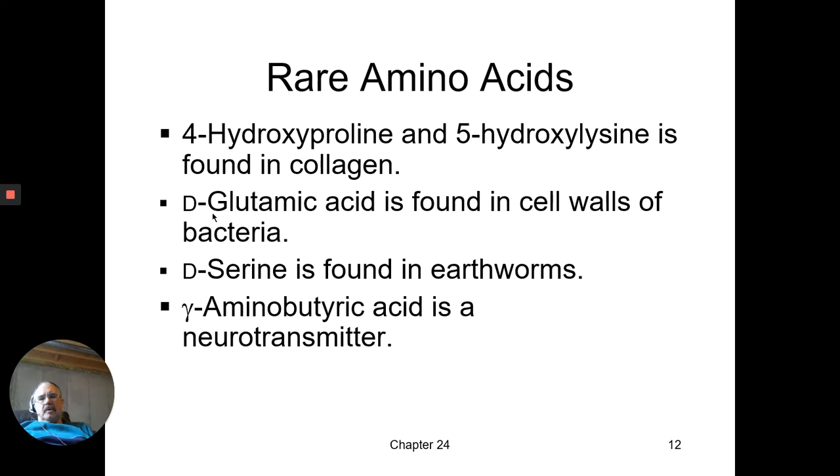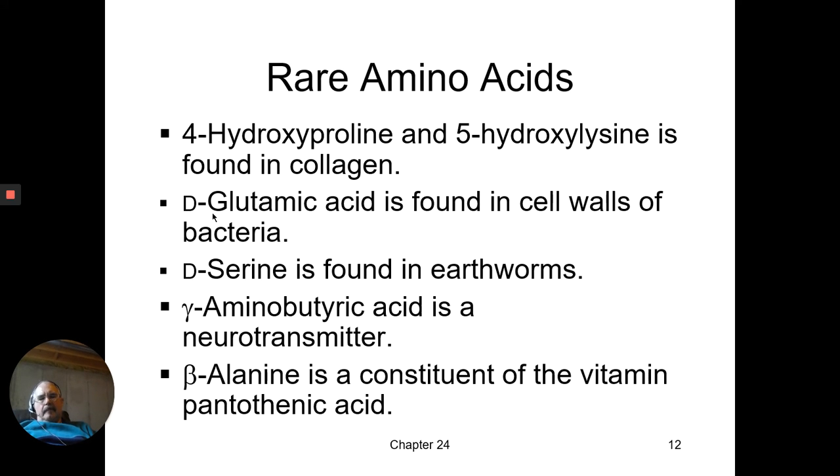Gamma-aminobutyric acid is a neurotransmitter. Beta-alanine, okay, where the amino group is on the third carbon rather than the second, is a constituent of vitamin pantothenic acid.